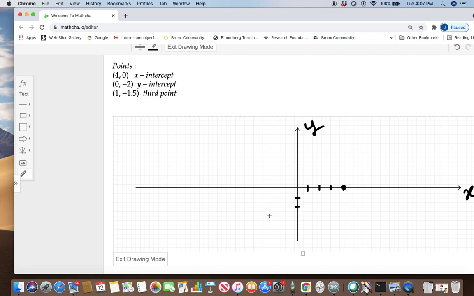And on the x-axis, it's 0, so you stay on the y-axis. 1, negative 1.5. X-coordinate 1, y-coordinate negative 1.5. So, halfway between negative 1 and negative 2. So, that's your third point. Now, draw the line joining these 3 points. All right. That's it. That's your line.